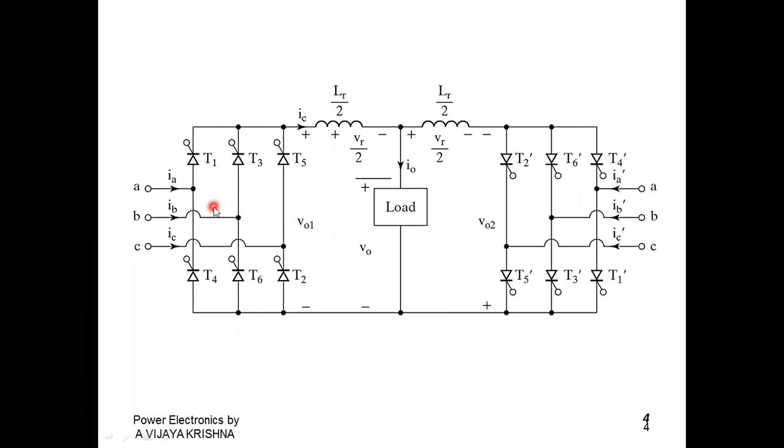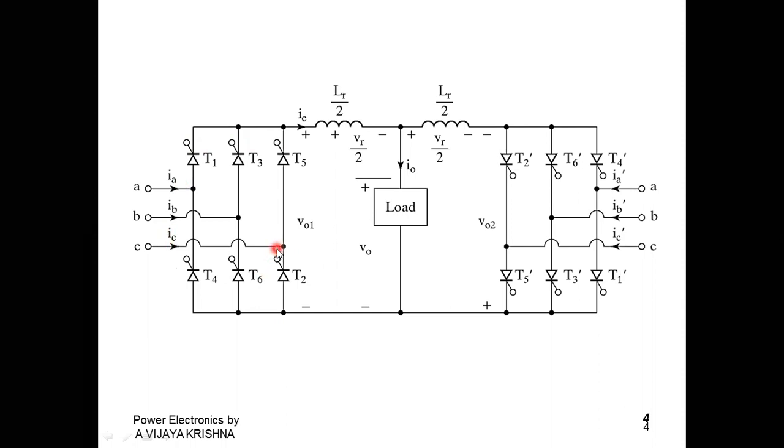Here, this converter receives the firing pulses from the trigger control. Only six thyristors are operating, with six gate pulses given to thyristors T1 to T6, which receive the triggering signals.